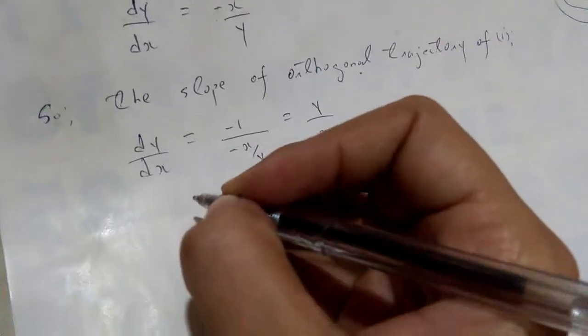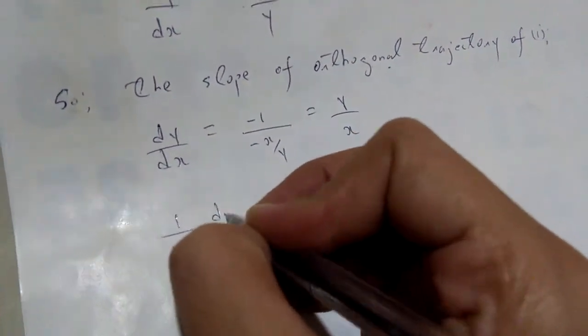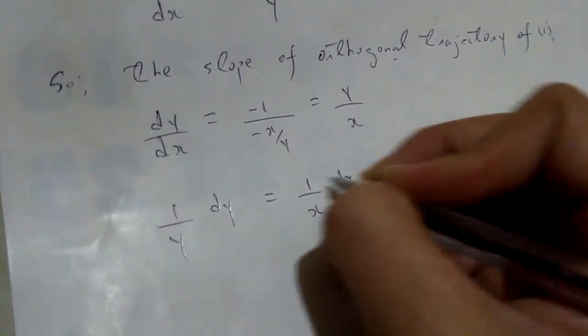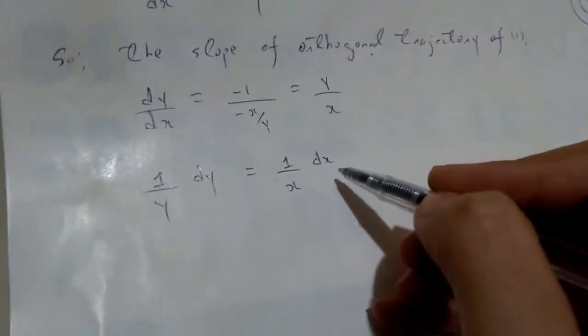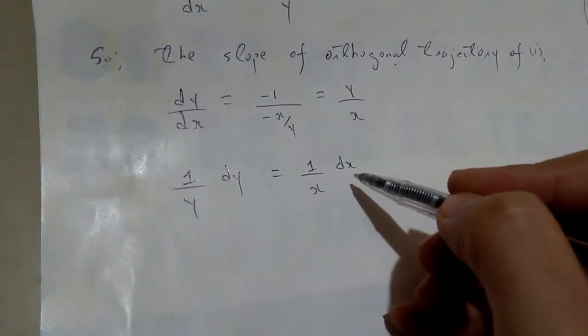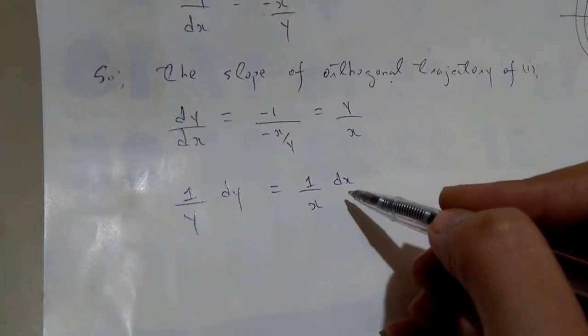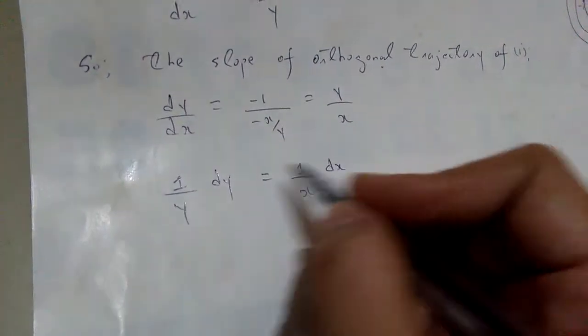Once I swap the values, that's the differential equation I have, and it is of the first-order type that we solved through the method of separating variables. So now we have separated the variables.